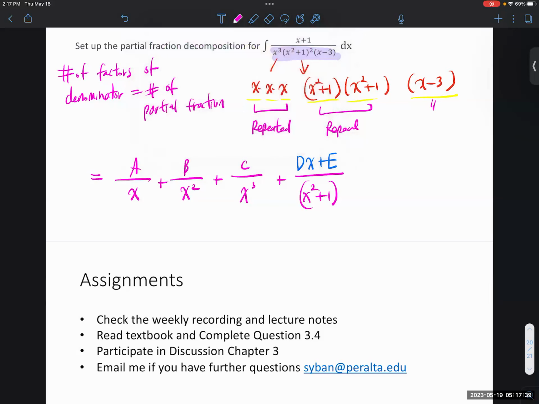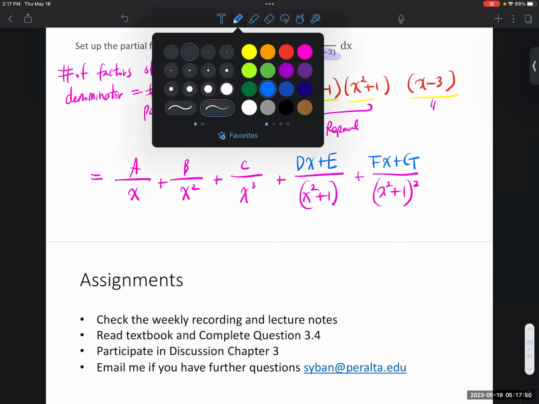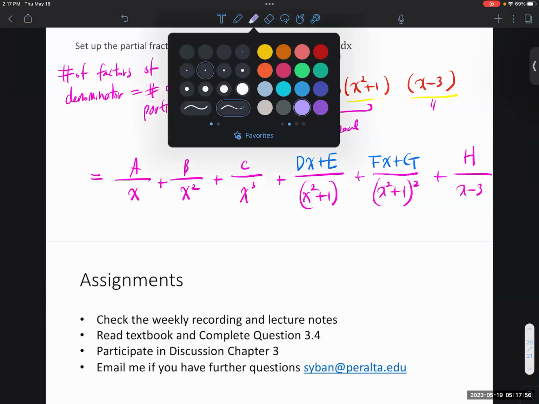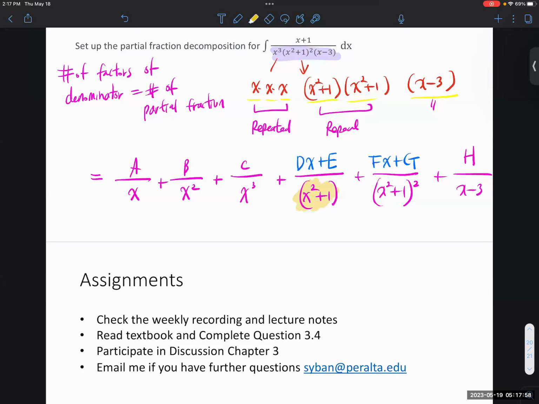Same thing. Here, you're going to increase the power of x squared plus 1 up to the second power. And then reduce to Fx plus G, correct? And then x minus 3 is linear, just H. So many people get confused. This is a quadratic and repeated up to 2, but then you have to reduce down the numerator.